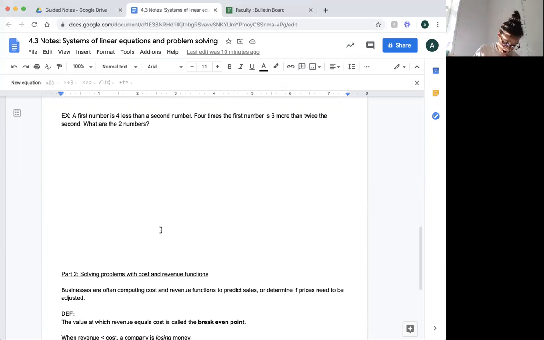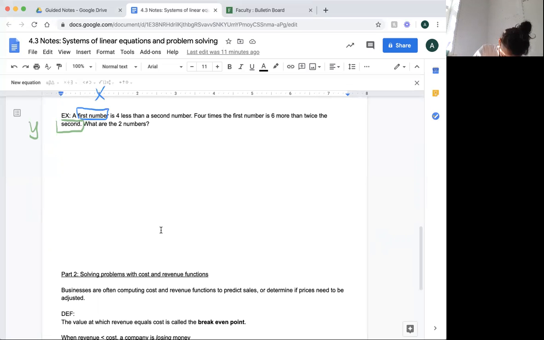So for me, I want my first number to be x, okay? And then my second number, I'm going to call y. And again, for this problem, all I want to do is translate words into math, okay? So we know the first number, and then we know is represents equals.